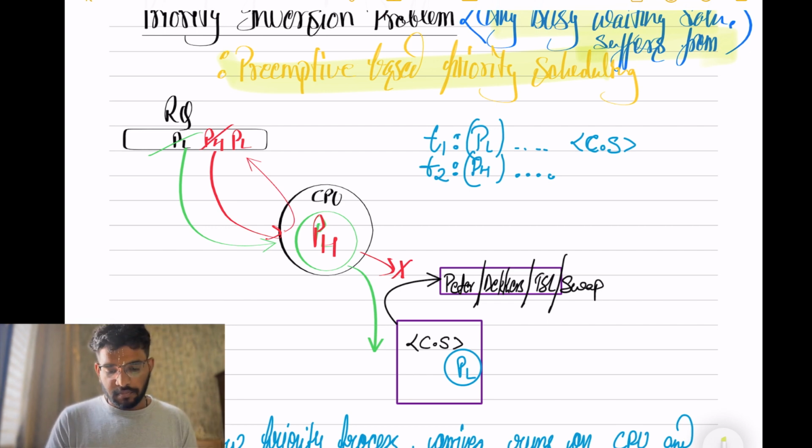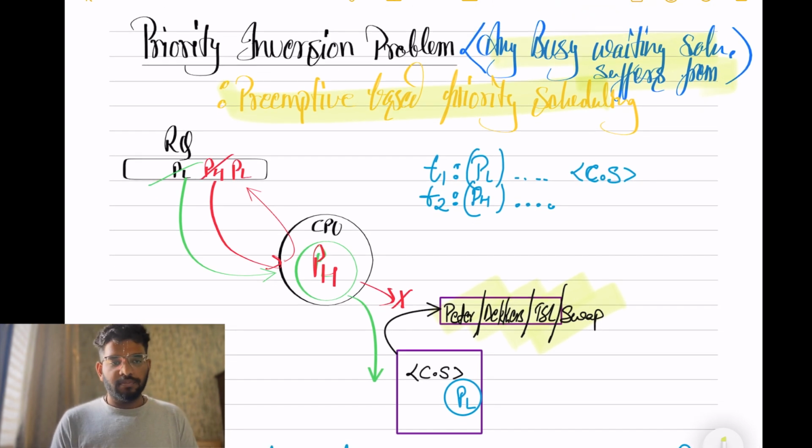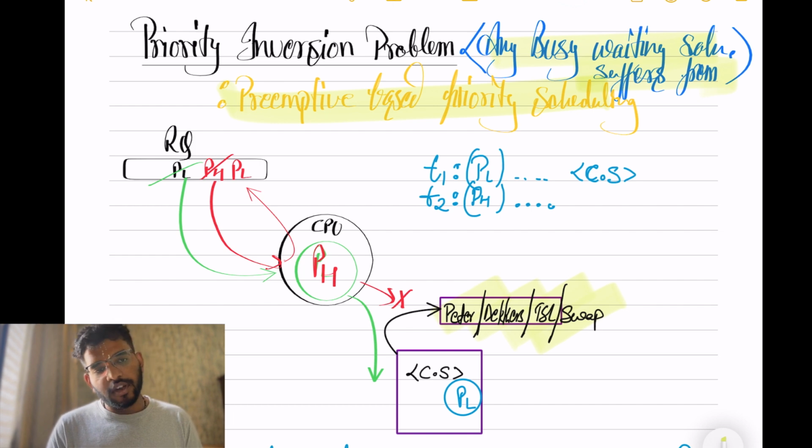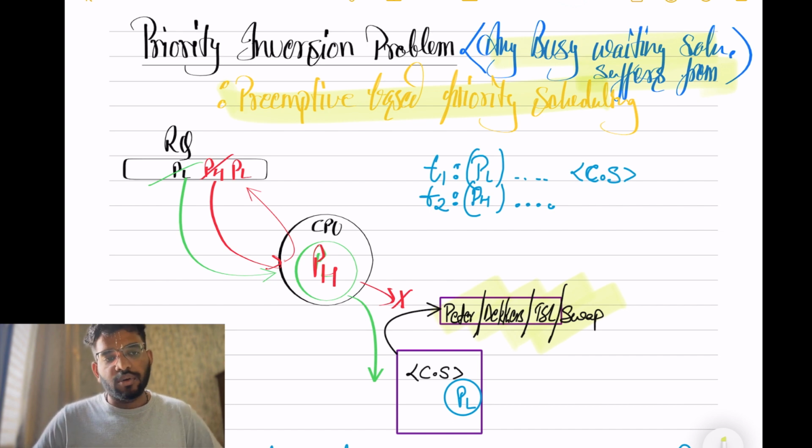So algorithms such as Peterson's solution, Dekker's, TSL, and swap will deny the high priority process the critical section. This results in a kind of deadlock, because the lower priority process cannot execute as there is a higher priority process, and the lower priority process, when preempted, was executing the critical section, so no other process can enter it.